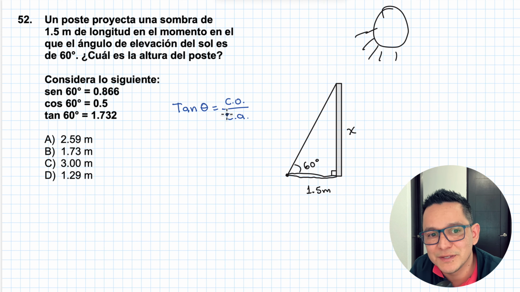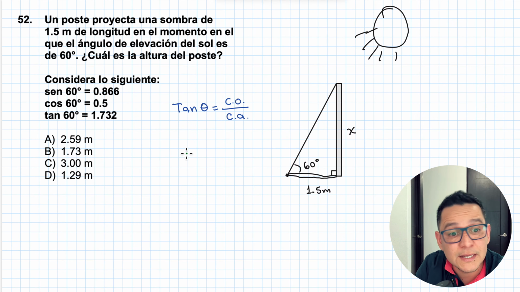Well, the trigonometric ratio is opposite side over adjacent side. So let's see. Let's substitute in this case. So I have that the tangent of theta, which in this case, let's say yes.